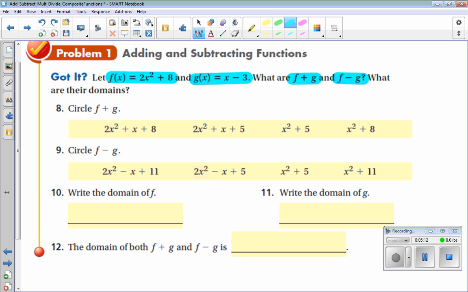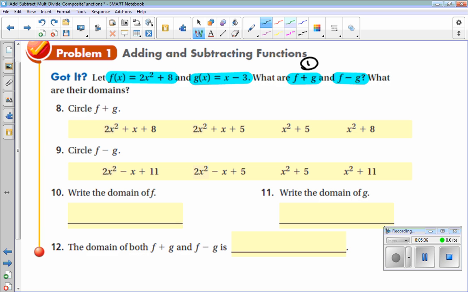So if I look at the very first one, okay, this one here, I'll put a 1 with a circle on it. Which one is f plus g? If I look at the first row here that I have highlighted, what would represent the same thing as f plus g? I want to take the f and the g and combine like terms. That's really all I'm doing.